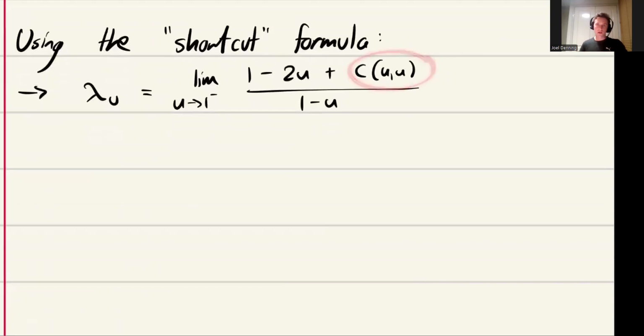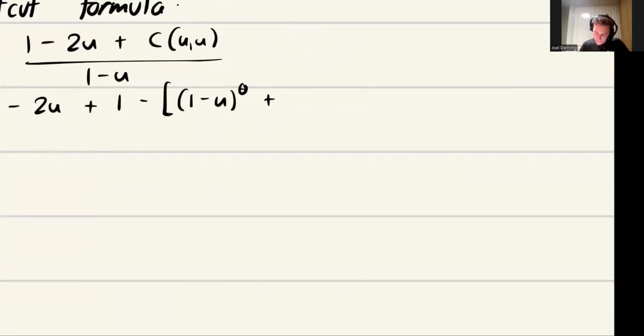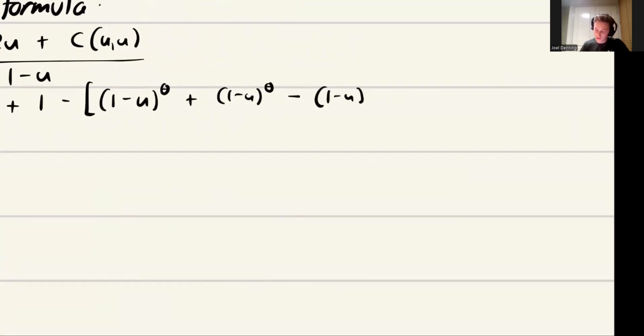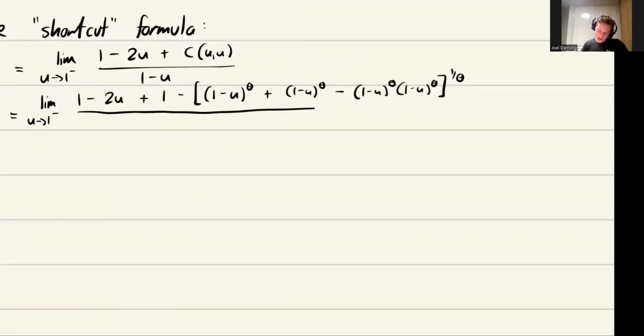Next line, I'm just going to substitute our expression for the copula. So that's plus 1 minus, and then a big bracket, 1 minus u to the theta, plus 1 minus u to the theta, minus 1 minus u to the theta, times 1 minus u to the theta, big bracket, all to the 1 over theta. And then divide all of that by 1 minus u.